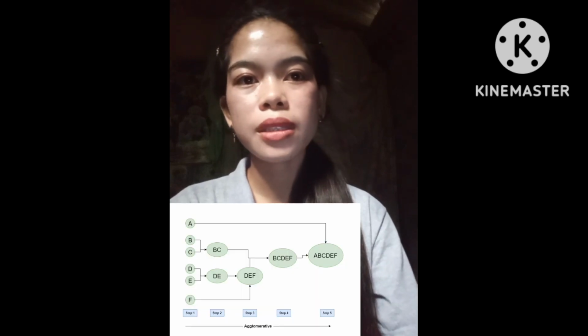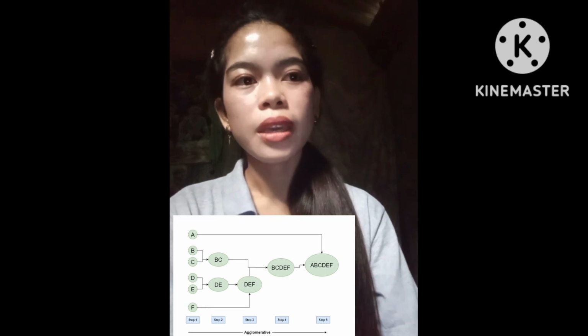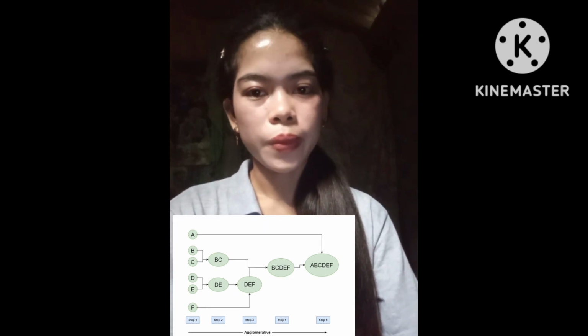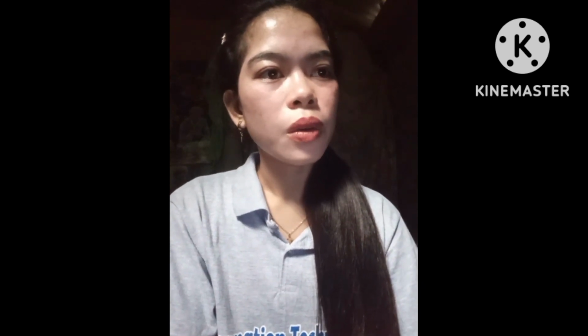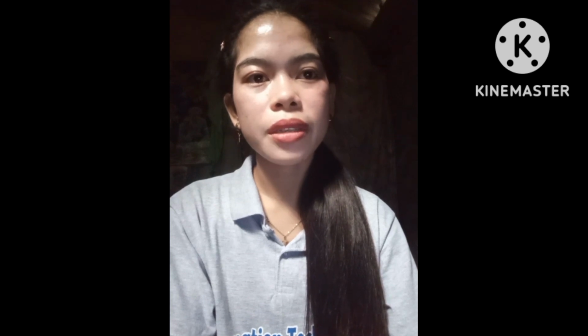So let's say we have 6 data points: A, B, C, D, E, and F. Step 1: consider each alphabet as a single cluster and calculate the distance of one cluster from all the other clusters. Step 2: comparable clusters are merged together to form a single cluster.